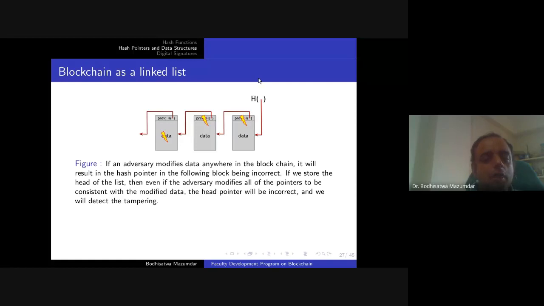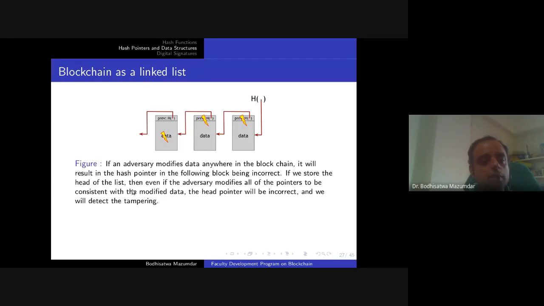So it will be detected that this record has been tampered with. If an adversary modifies data anywhere in the blockchain, it will result in the hash pointer in the following block being incorrect.